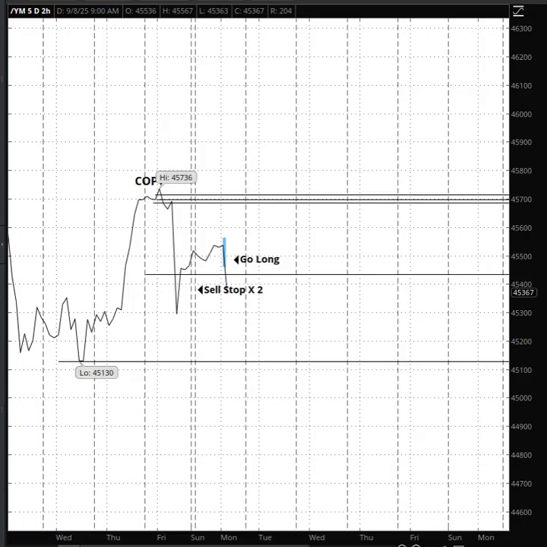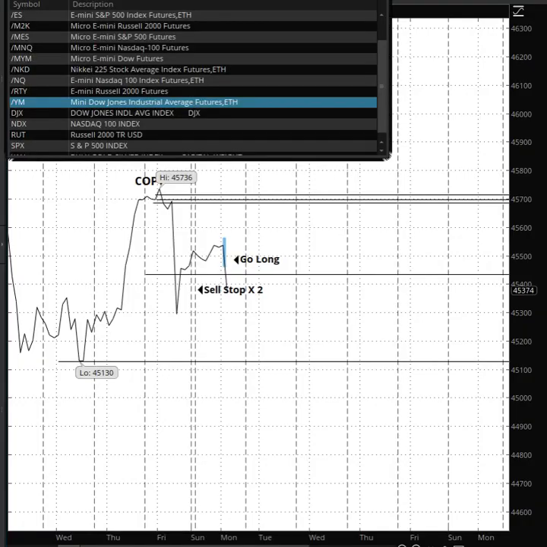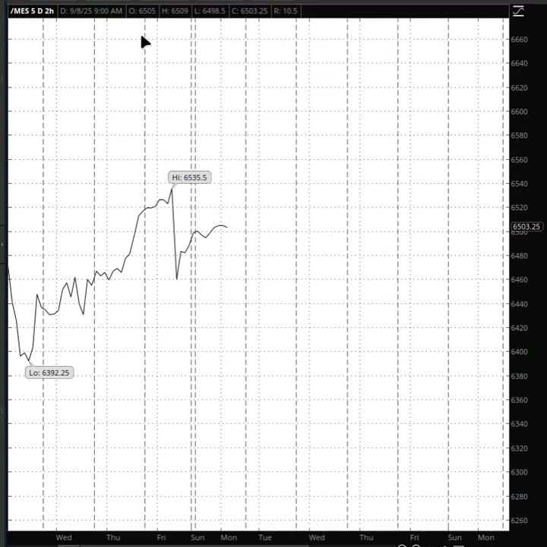What you want to do, you want to examine the other markets too. For example, let's take a look at the micro, what's happening here. On a 2-hour time frame, we may have a fractal right here telling me if we remain here, the market will continue to go up.